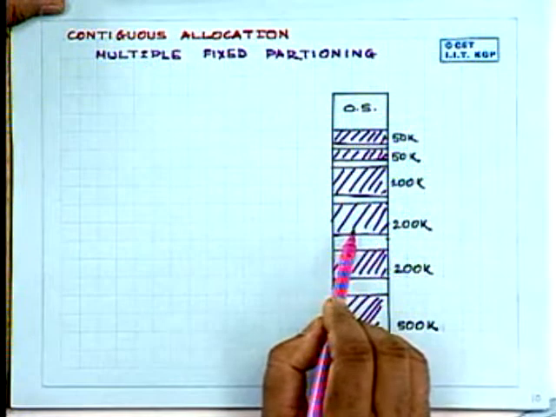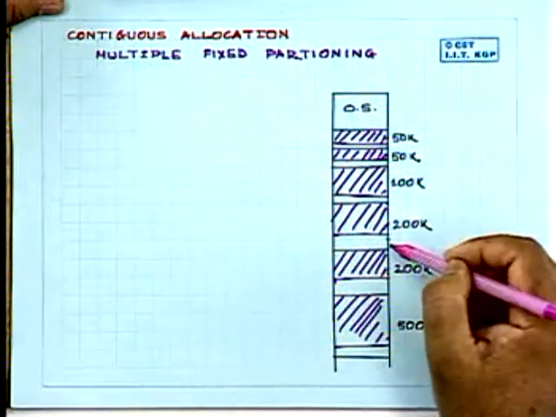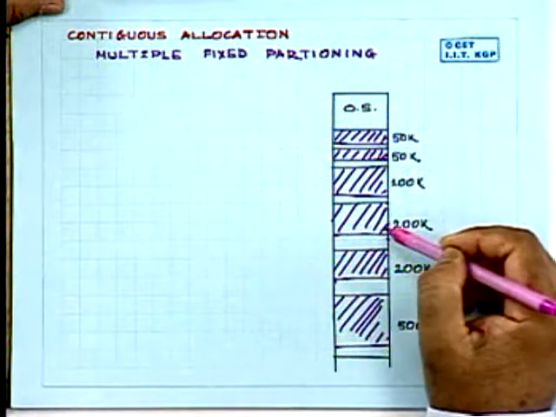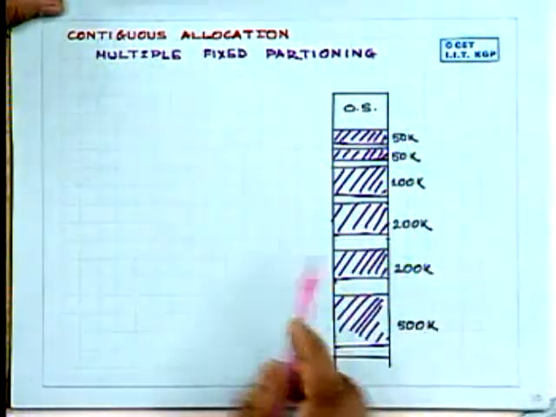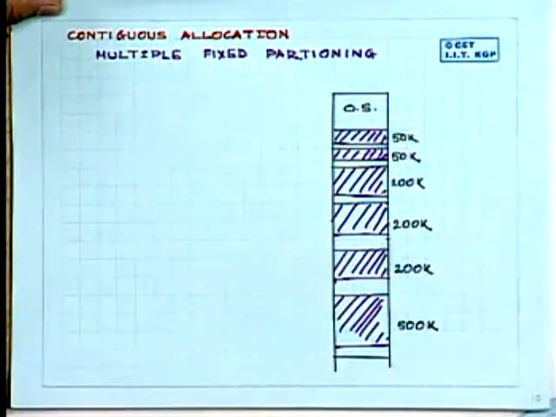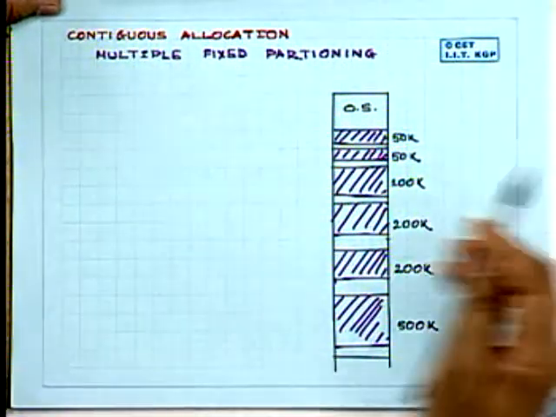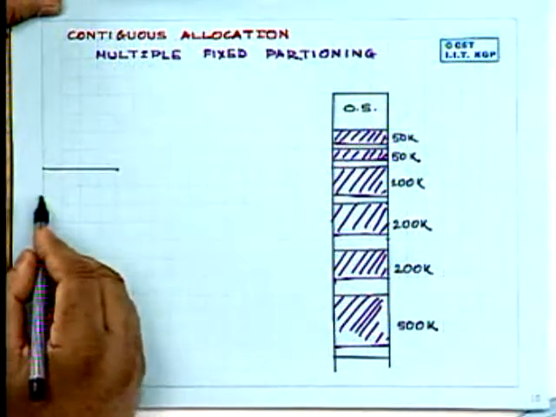We go for the best fit, that means the smallest partition that can hold this particular program. That's the way generally in this fixed partitioning method we go. But the jobs can be kept in a queue.